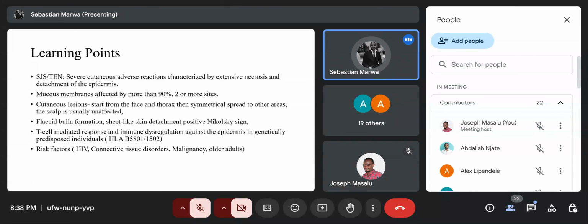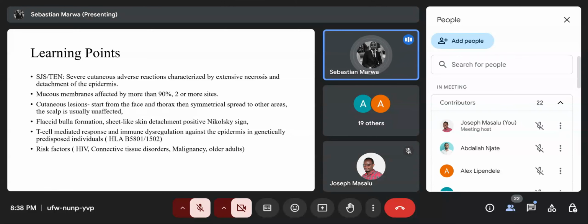So there are a number of risk factors which have been reported. Our patient did not have any of these. HIV is high on the list. Also, connective tissue disorders. High on the list is systemic lupus erythematosus, and of particular importance is that SLE, especially cutaneous SLE, is an important differential when you are dealing with the SJS/TEN spectrum.